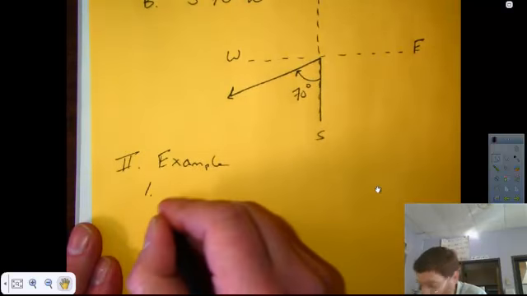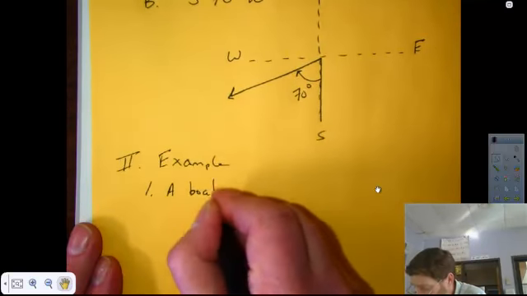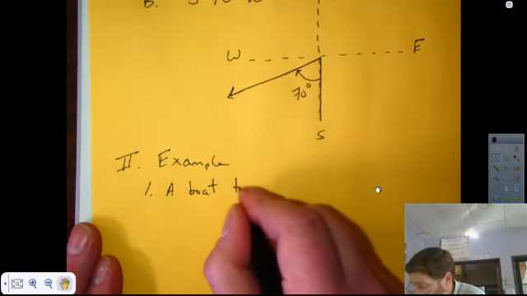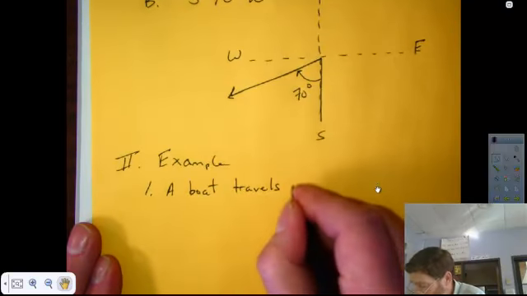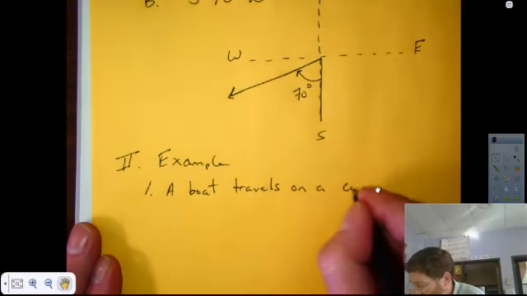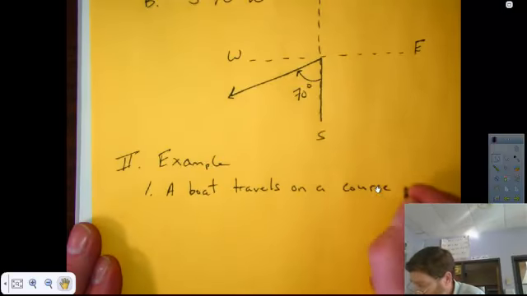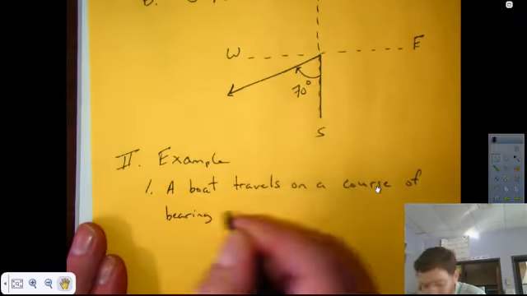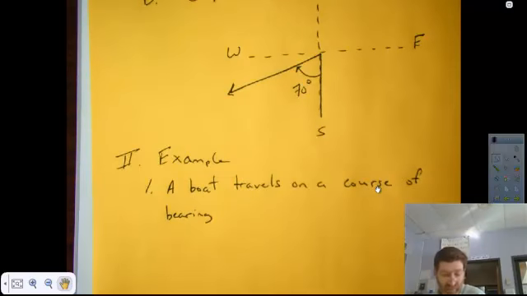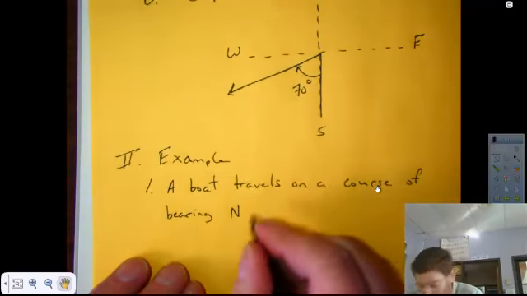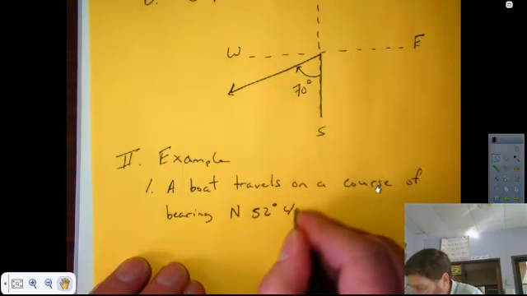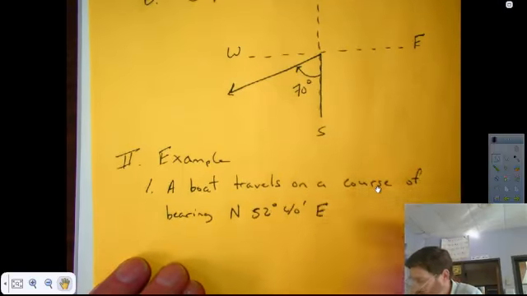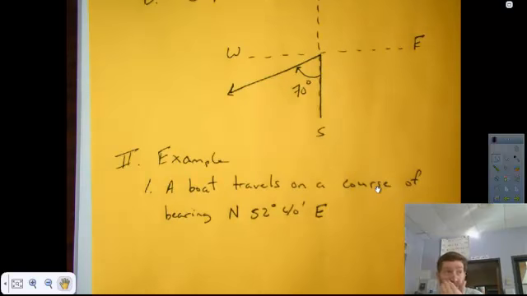So on this one we have a boat. Can I draw a boat? You bet. A boat travels on a course of bearing north 52 degrees 40 minutes east, for a distance of 238 miles. A lot of this is used for navigation, so a lot of examples will be navigation. With navigation the minutes are pretty important, because if you're just a little bit off and go hundreds or thousands of miles, it changes significantly where you're going to end up.